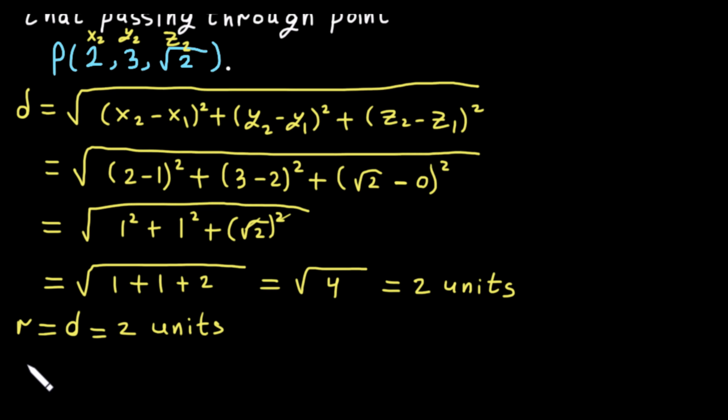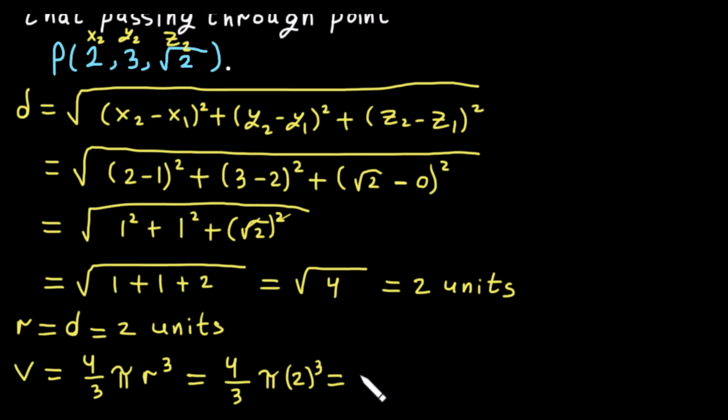Now we can calculate the volume of the solid sphere, which is V equals 4 over 3 times pi times R cubed, and R is equal to 2. So 4 over 3 times pi, multiplied by 2 to the power 3.